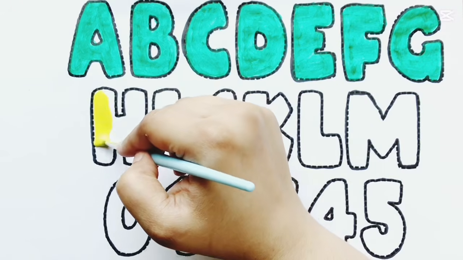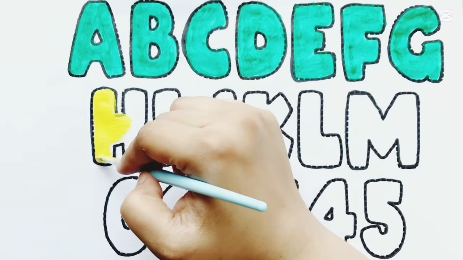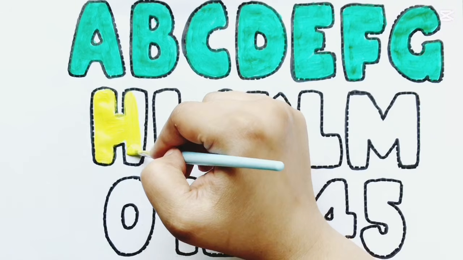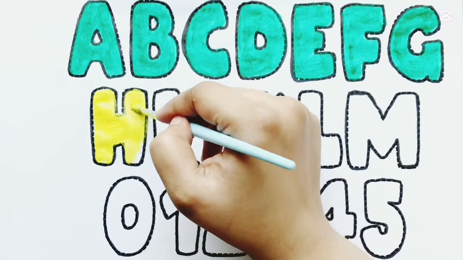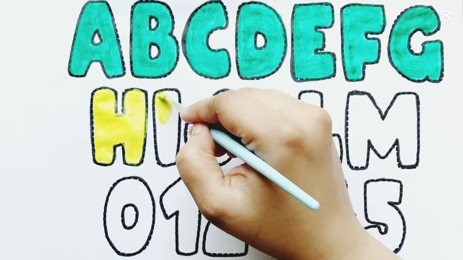Yellow color. H for horse. I for ink pot.